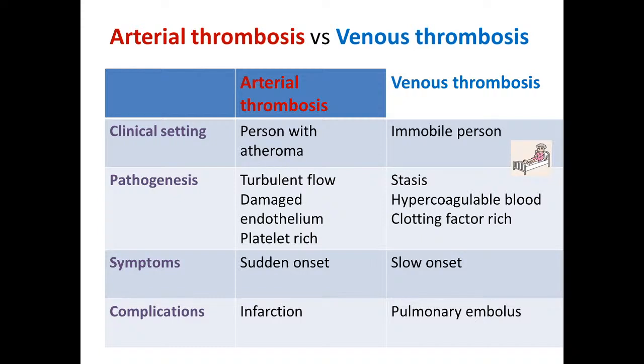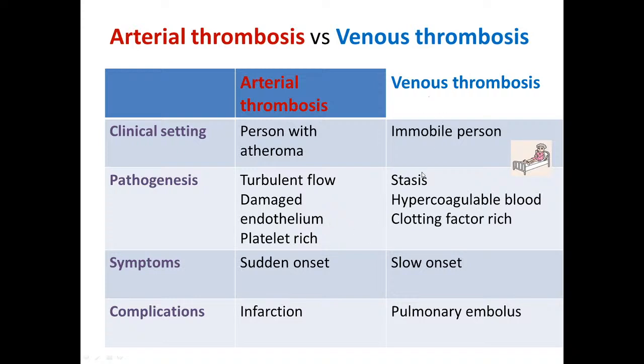Arterial thrombosis differs from venous thrombosis. In the clinical setting, arterial thrombosis is associated with atheroma, while venous thrombosis is associated with emboli. Pathogenesis: arterial thrombosis involves turbulent flow, damaged endothelium and is platelet-rich.